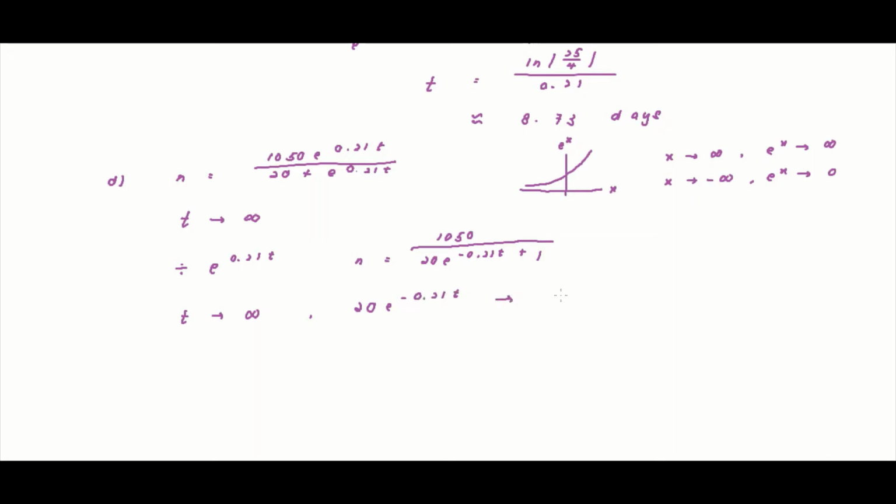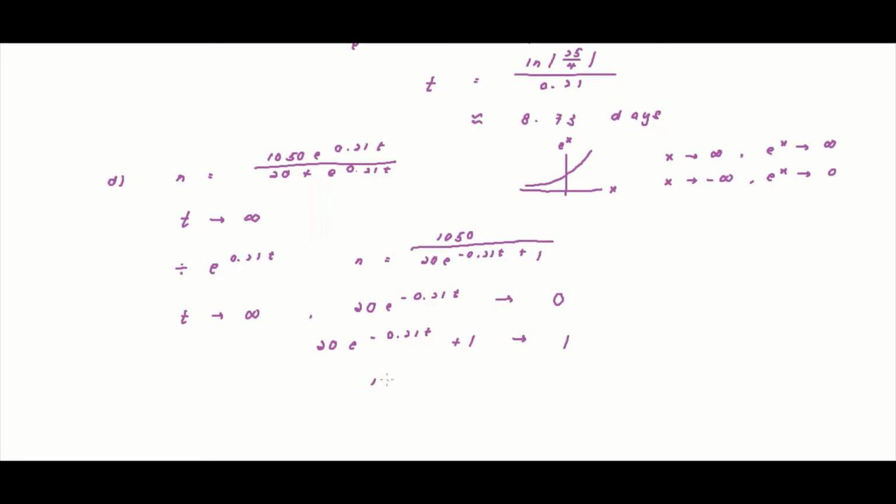The whole thing here will approach 0, because when your T is infinity, the index here becomes negative infinity, right? e^(negative infinity) will approach 0, and when you times 20, it is also approaching 0 as well. Now we try to add it. You have a plus 1, right? So 20e^(-0.21T) plus 1 will be approaching 1.